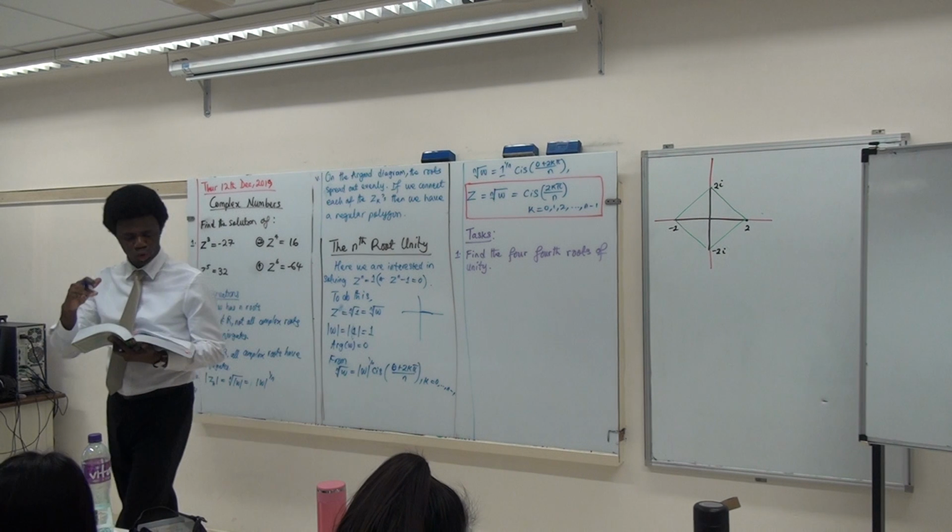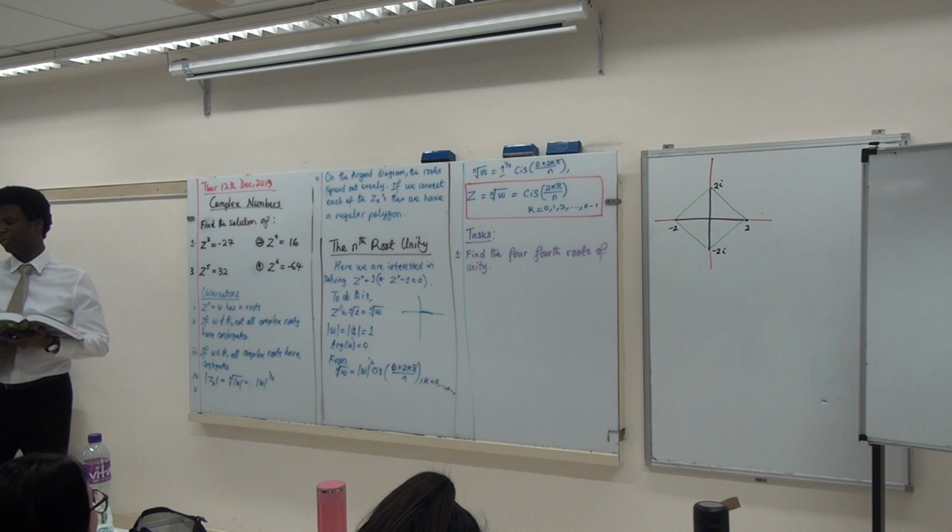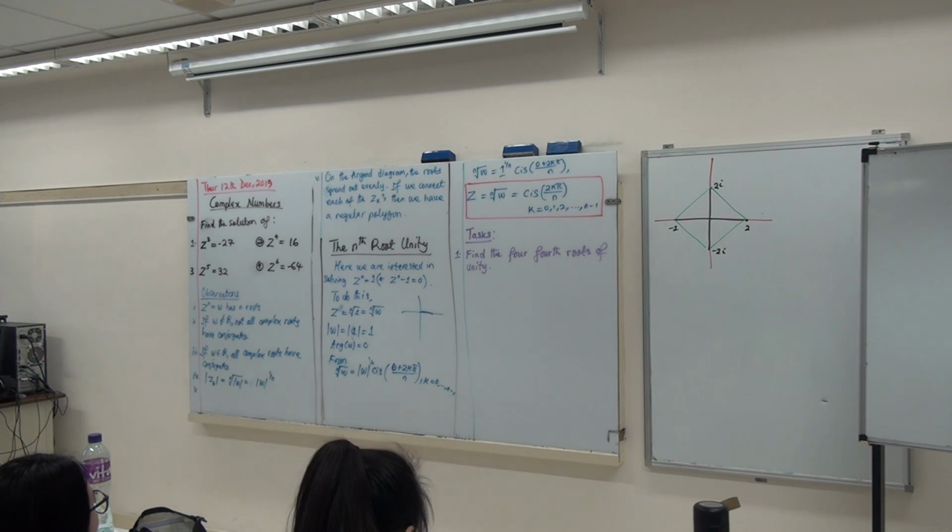Actually, the question asks you to show that the 4 fourth roots were stated, but I wanted you to find it yourself instead of trying to prove what it is.